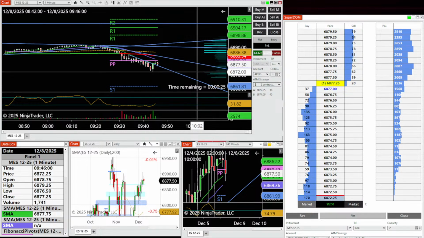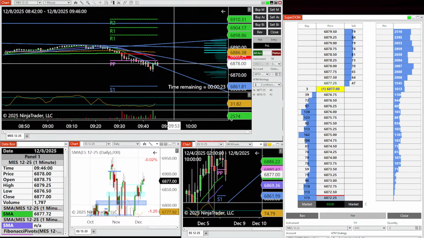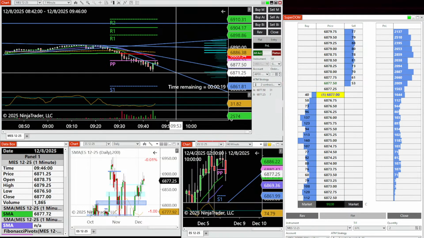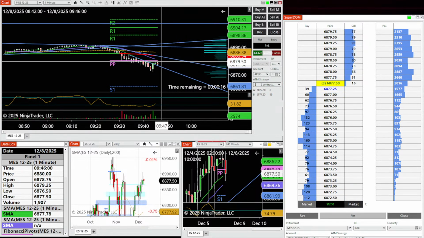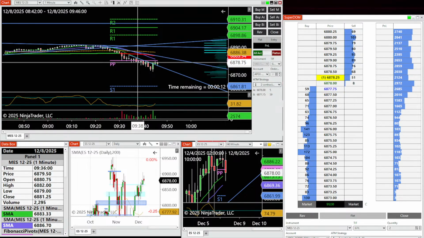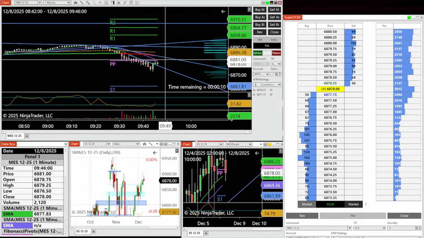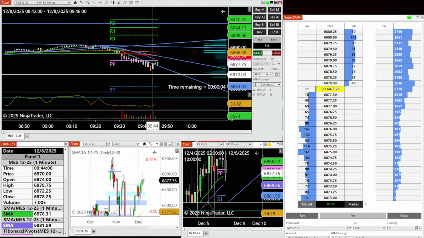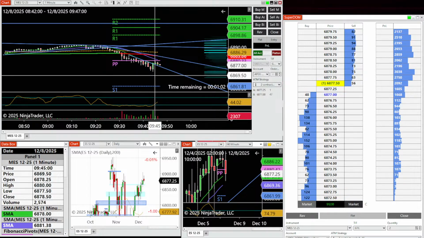Do we make new lows? This is continuation to make new lows, test 61. Or do we get a little reversal, head and shoulders, for a move up? 81, 72.